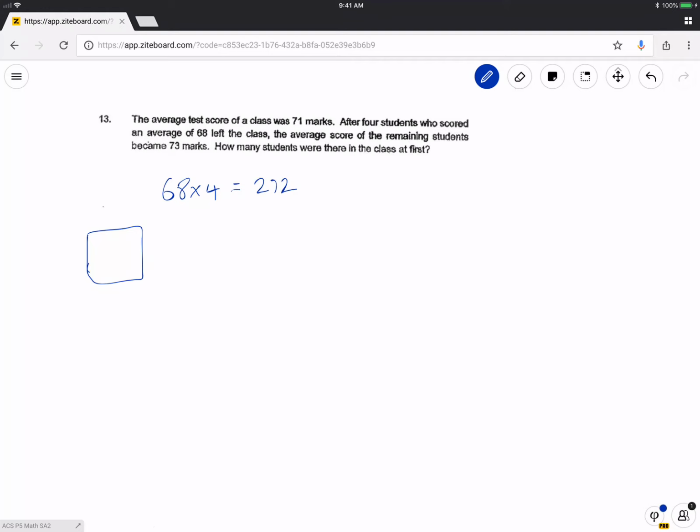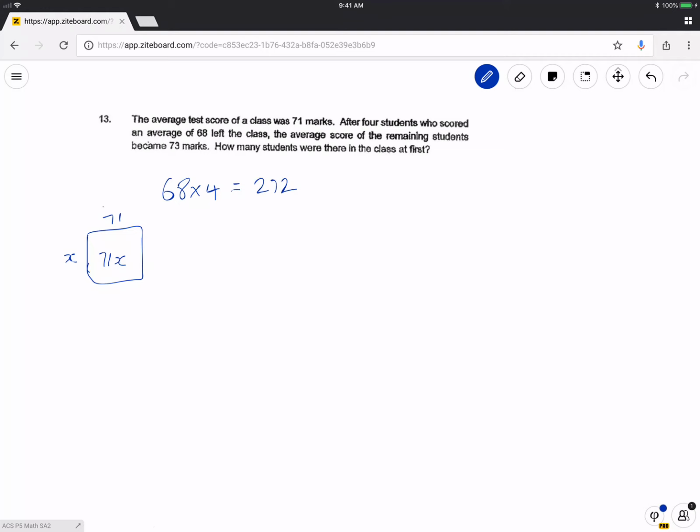Now, to find the total score, you have to take the average, which is 71, and multiply with the number of students. I do not know the number of students, so if I take 71 times x, it's 71x. After 4 students who scored an average of 68 left, the average score of the remaining became 73.